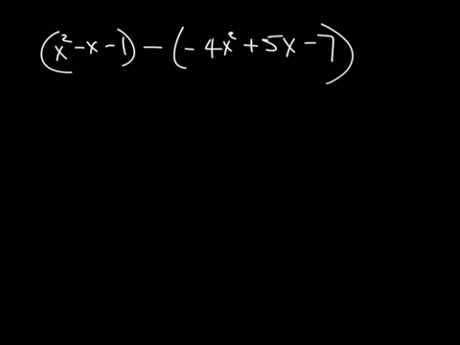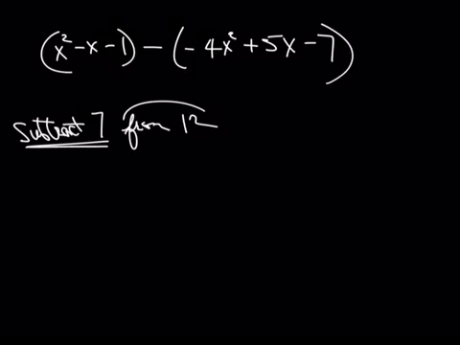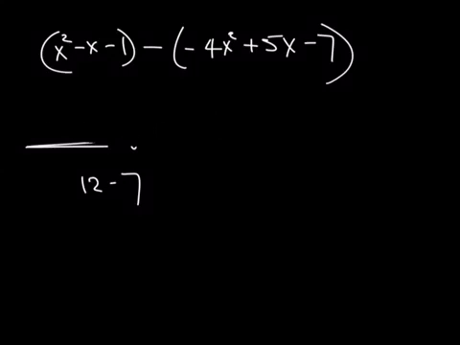Now another way you could say it, let's just use some real simple numbers. Subtract 7 from 12. What does that mean? Subtract 7 from 12. That means we're going to take 7 away from 12. Okay? And that's what we did in this problem above.